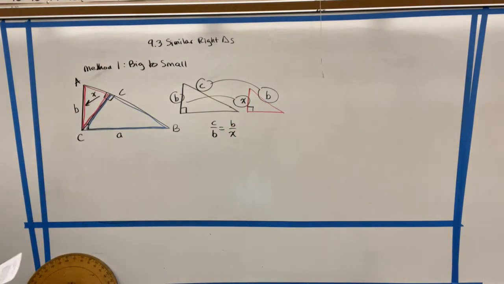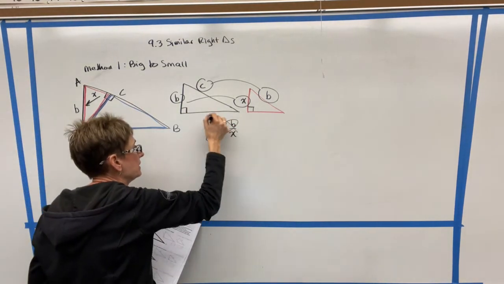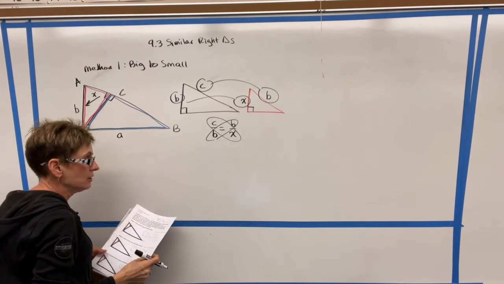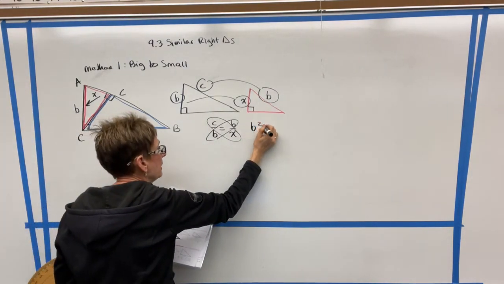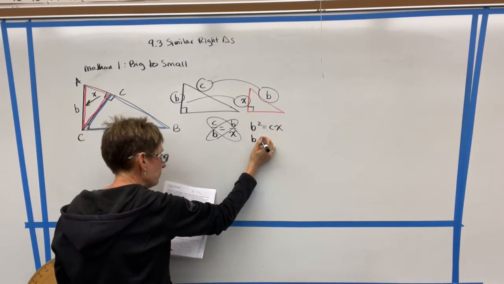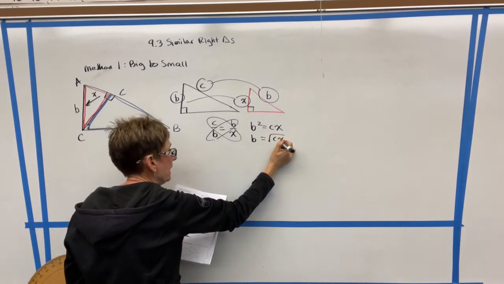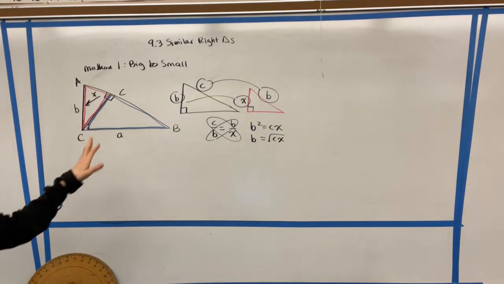The cool thing is, because I will have numbers for these when I do the specific problems in just a minute, I can actually solve for X. What I would have here is b squared equals cx, or when I take the square root, b is the square root of cx. So this just gives you an idea of how we can compare.